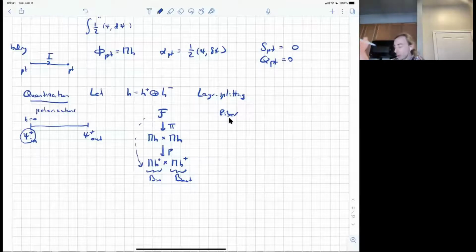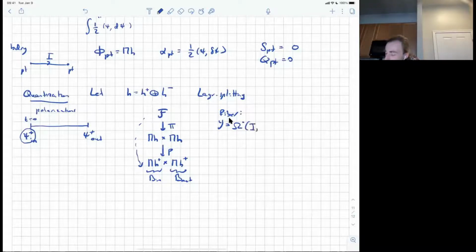So that corresponds to fields with fixed boundary condition or fluctuations around a fixed boundary condition. So that's what I denoted Y curly. So the fiber is given by differential forms relative to the boundary, so vanishing on the boundary with coefficients in pH plus.